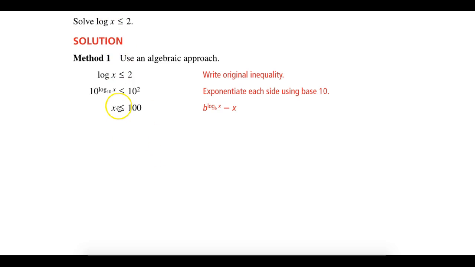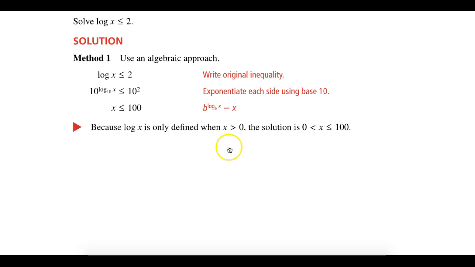If you look at our original problem, we're just taking the log of x. Log of x is only defined if x is a positive number. So we can't just write x less than or equal to 100 as our answer. We have to specify that it is only positive numbers. So our inequality would be x is greater than 0 and less than or equal to 100.